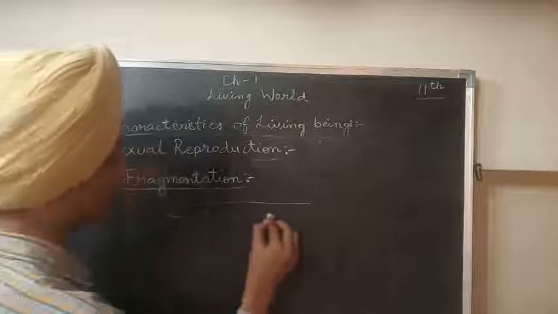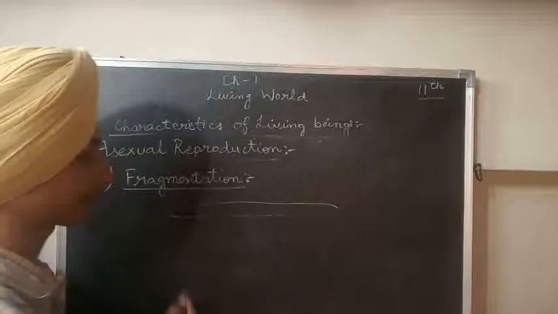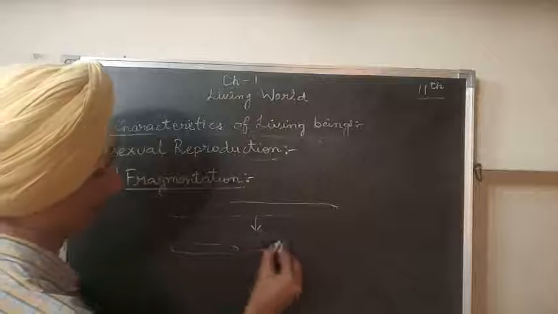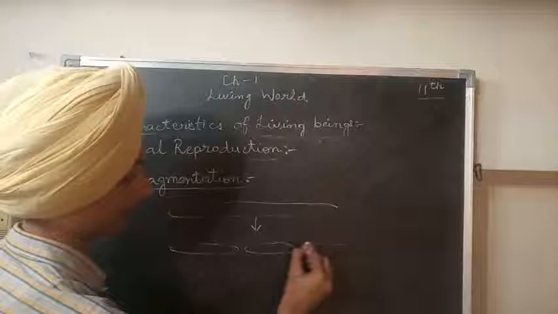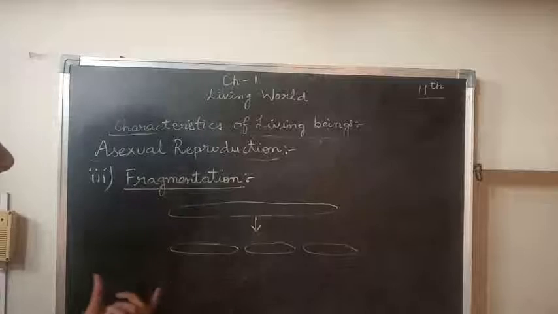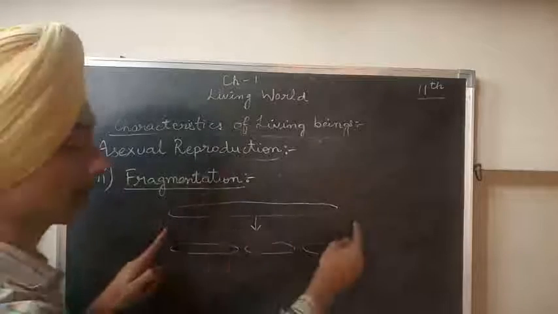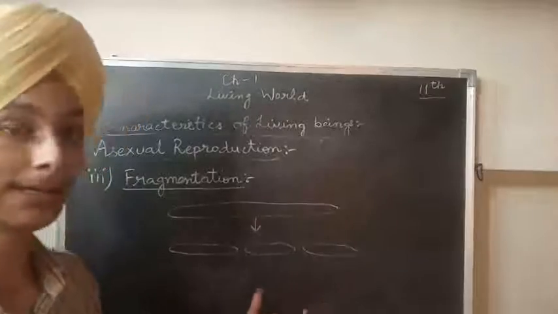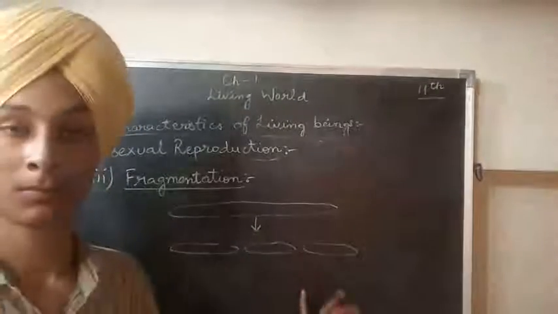Suppose this is an organism and it changes into fragments. This is fragmentation. That is, a single parent is divided into fragments and gives birth to new offspring. Clear?